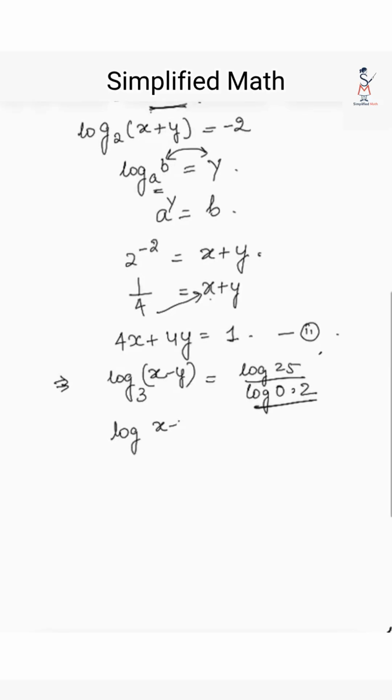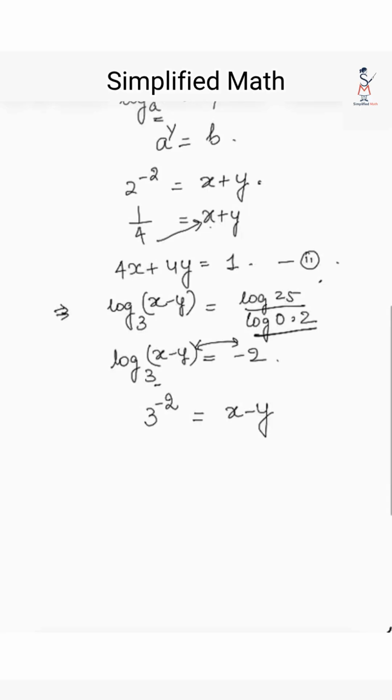Log (x minus y) to the base 3 is equal to minus 2. Again we will change it into exponential form. The base will remain the same and these two will be interchanged. So it will become 3 raised to the power minus 2 is equal to x minus y. That is x minus y is equal to 1 by 9. Again 9 can go that side and it will become 9x minus 9y is equal to 1. This will become your equation 3.